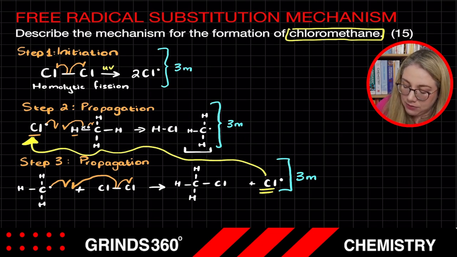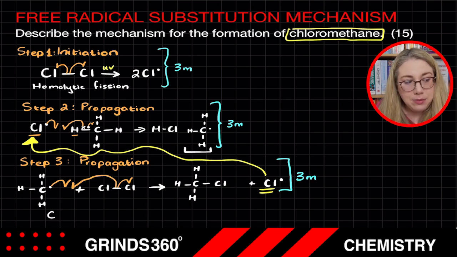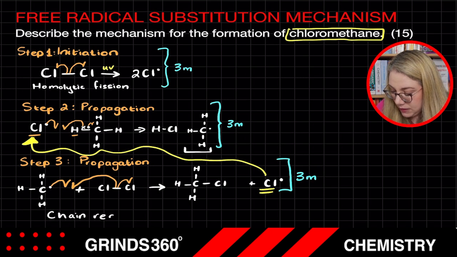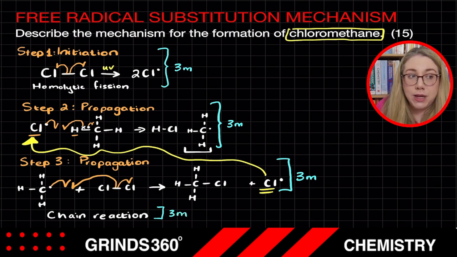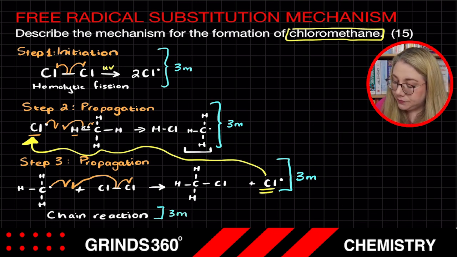And that's why that reaction step is called the chain reaction step. Now it's important that you can label this as the chain reaction step. And for calling this the chain reaction step, we get another 3 marks. So right now I'm at 12 out of 15.